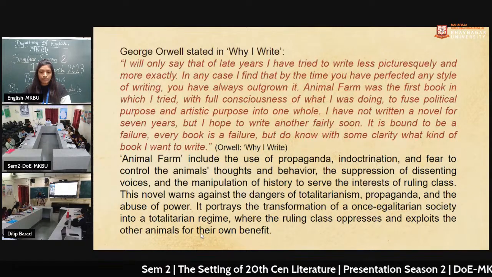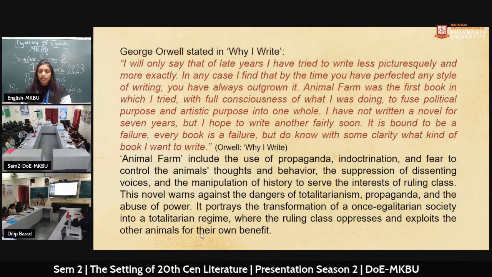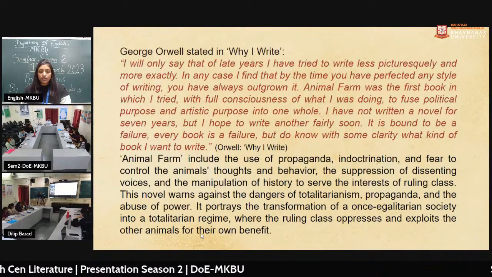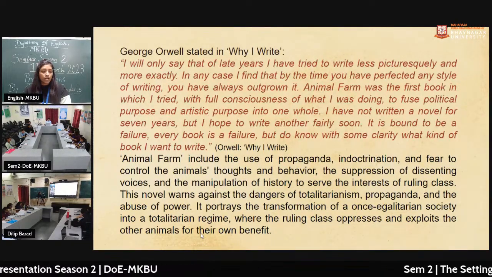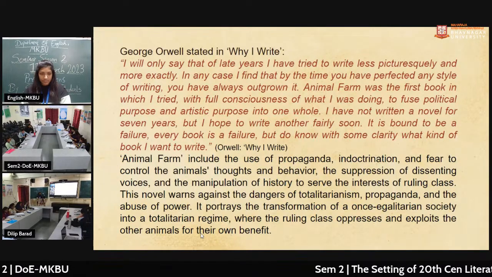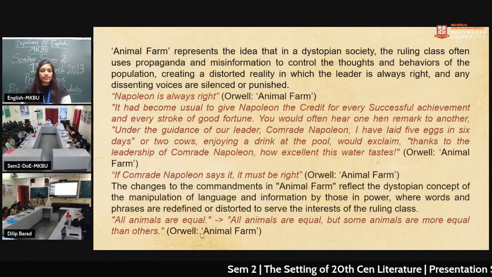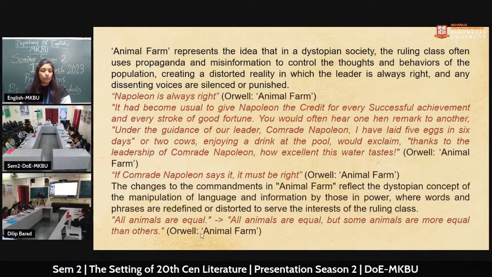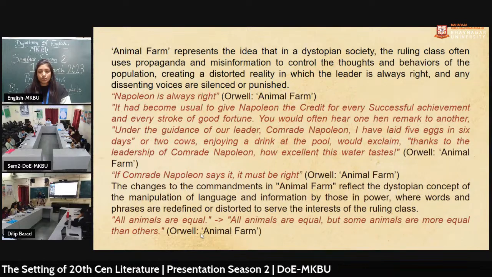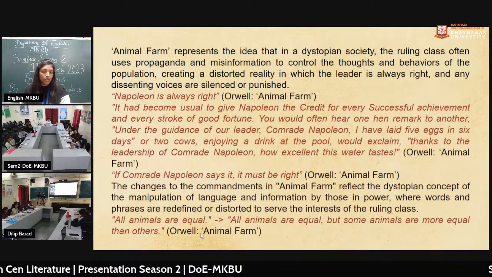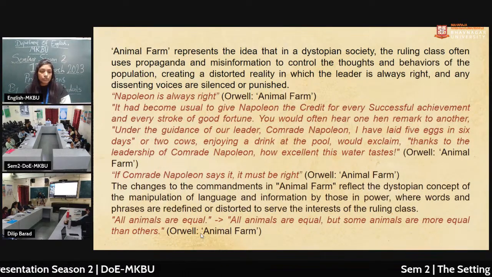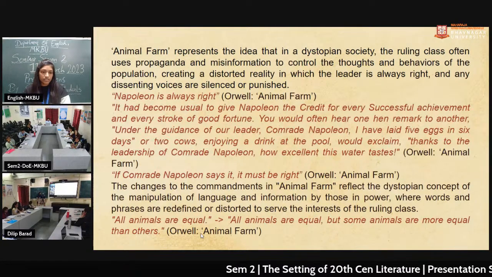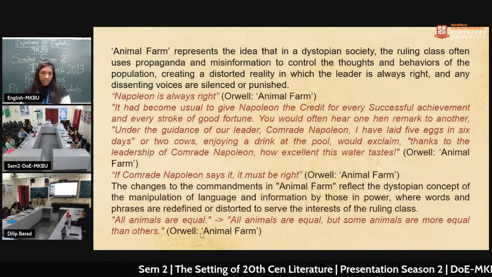It portrays the transformation of a once egalitarian society into a totalitarian regime where the ruling class oppresses and exploits the other animals for their own benefit. Animal Farm represents the idea that in a dystopian society, the ruling class often uses propaganda and misinformation to control the thoughts and behavior of the population, creating a distorted reality in which the leader is always right and any dissenting voices are silenced or punished.